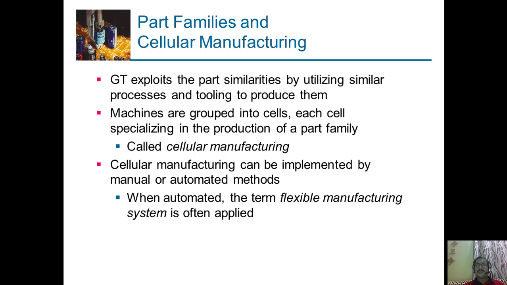What is this? I mean to say that after grouping the jobs, let's say this kind of cylindrical jobs will be manufactured on this kind of machines. Let's say only 3 or 4 machines are required for this group, a family of jobs. Group family means one particular group having some similar jobs.